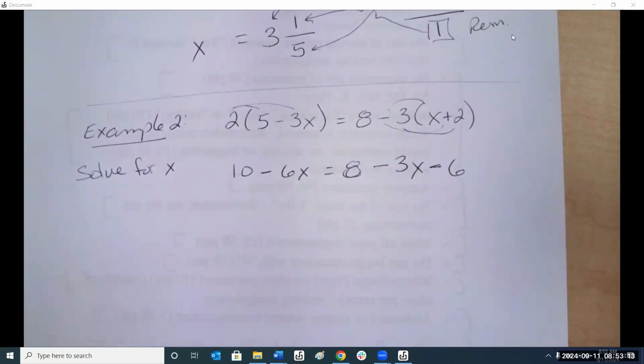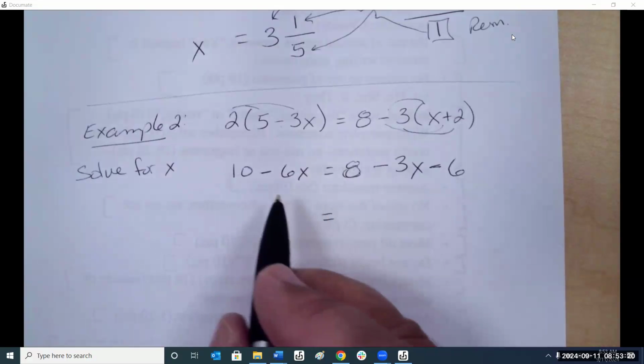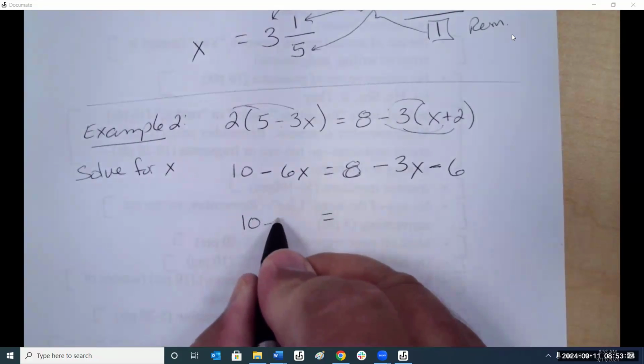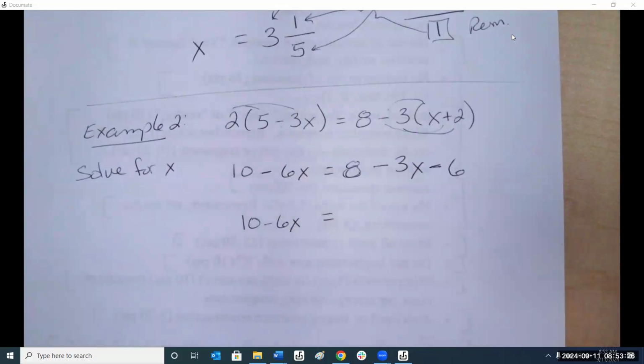Remember, we have to get rid of the special operations first. Once you get rid of parentheses, combine like terms. There are no like terms on the left side. What do I mean when I say like terms? A number with a variable, like 3x, combines with another number with the same variable on it.